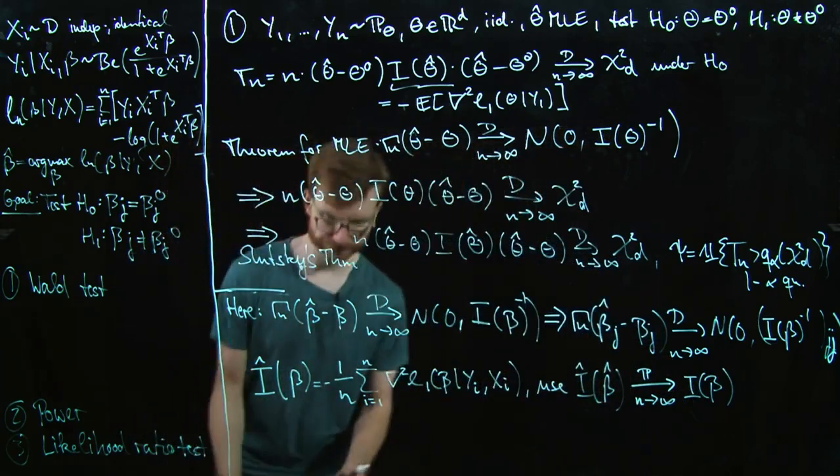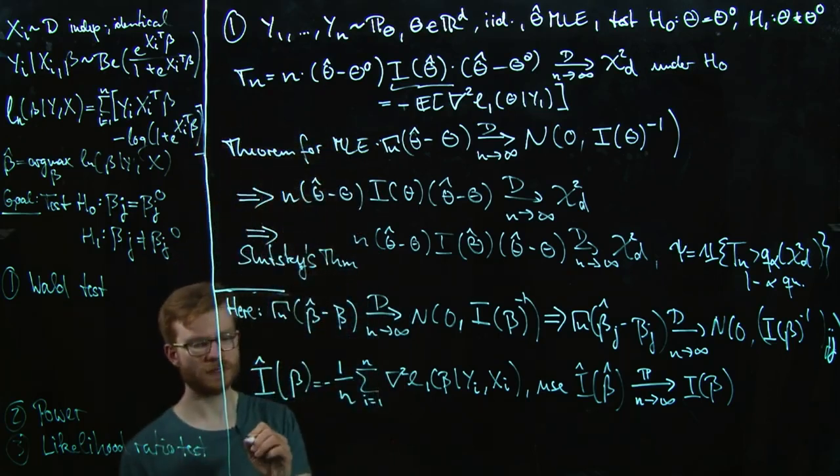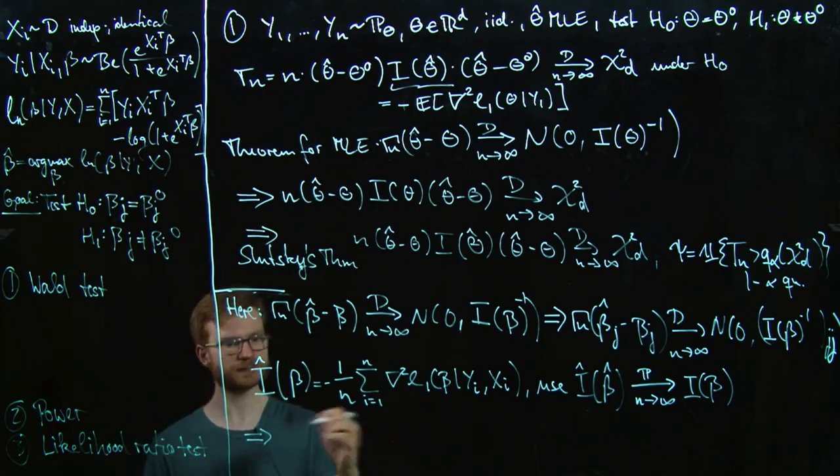Then I can plug this in and, if I want, make a chi-squared distribution out of it by squaring it.